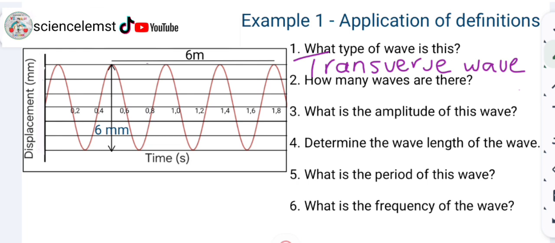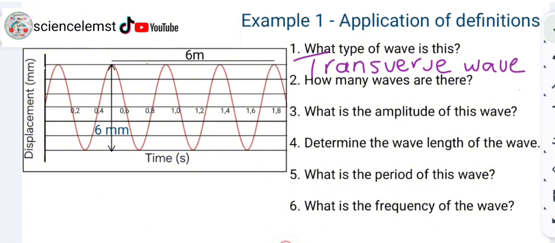I can ask you further to motivate why you are saying it is a transverse wave. And there are two ways in which you can answer that question to motivate your answer. Can you think about it? Let me give you 5 seconds to think about it. Got it? Let's see. I know that these particles are vibrating. And how are they vibrating?